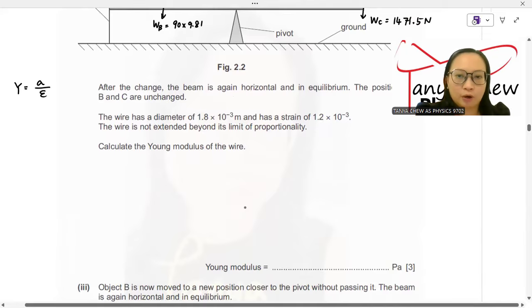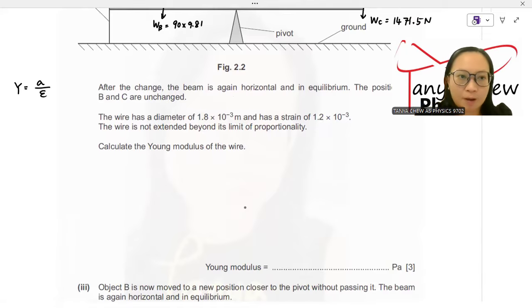Strain is given, but the stress is not given. Stress is equal to the force on the wire divided by the cross-sectional area of the wire. If you want to find the cross-sectional area of the wire, remember A is equal to pi r squared, because the cross-section is circular.